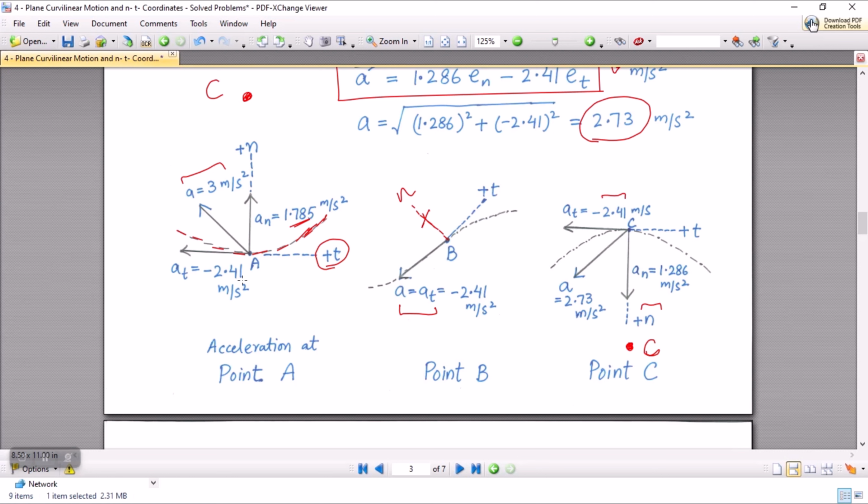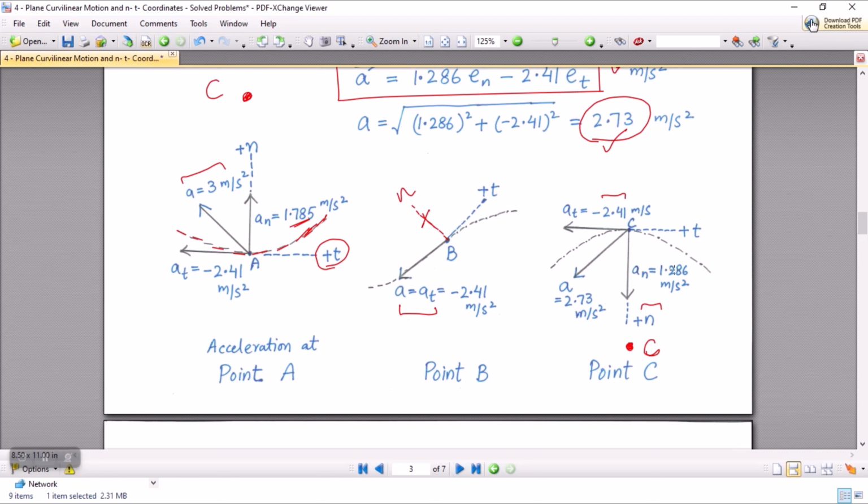So see, A sub t has a different direction here, right? Again, this A sub t is in a different direction than A sub t at point C. These two A sub n and A sub t components give us the direction sense of the total acceleration vector, which should be somewhere diagonal downwards, and its magnitude we determined as 2.73 meter per second square, right?